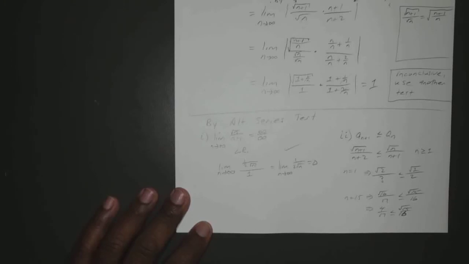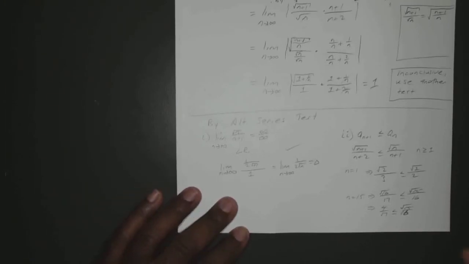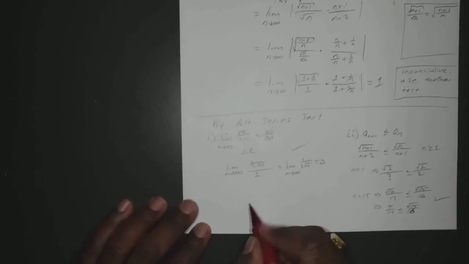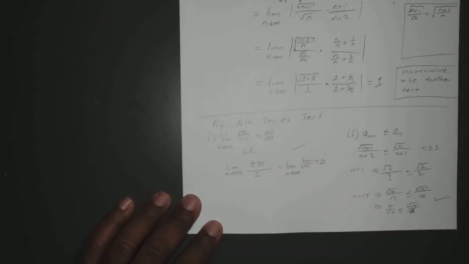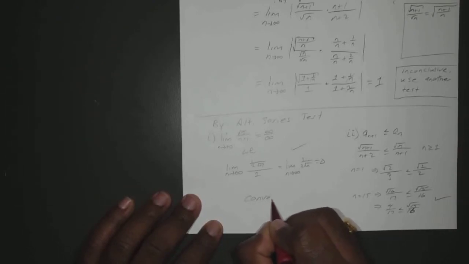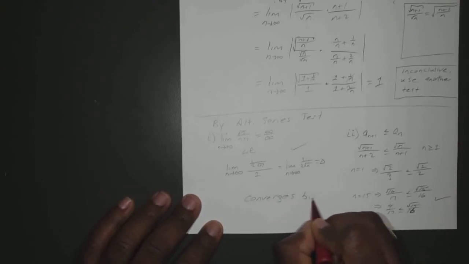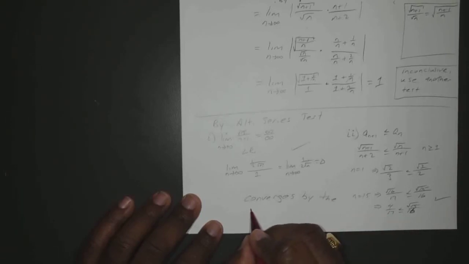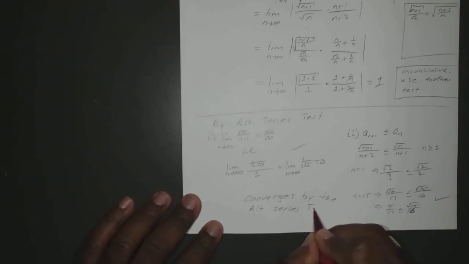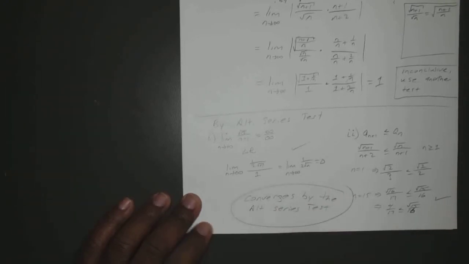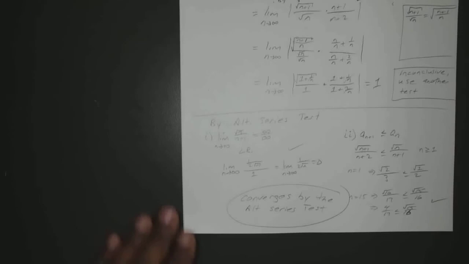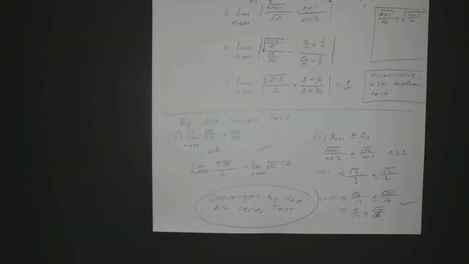So no matter where you go for n, as it gets bigger and bigger, this will still be true. Okay, so we know that passes that condition, so it converges by the alternating series test. All right, so any questions on that one?